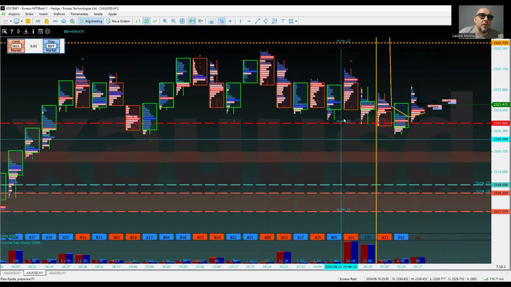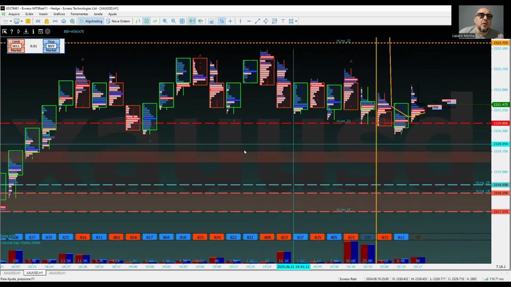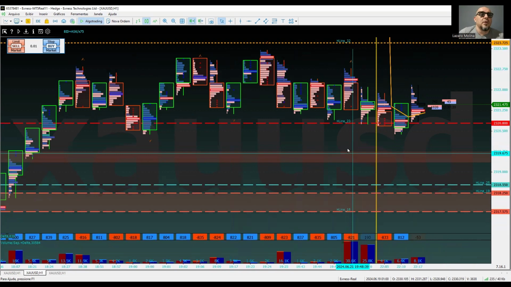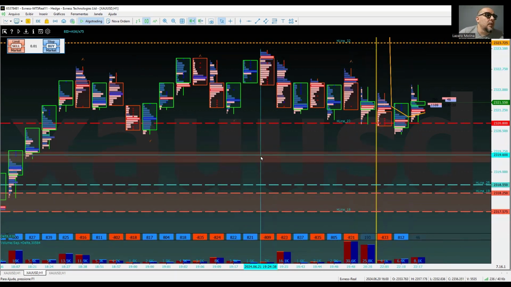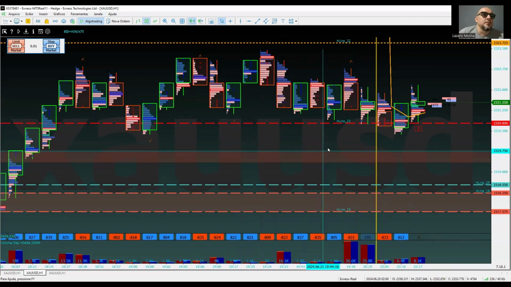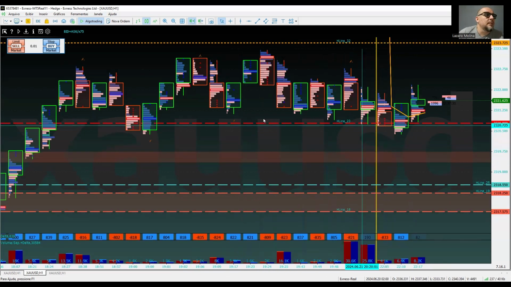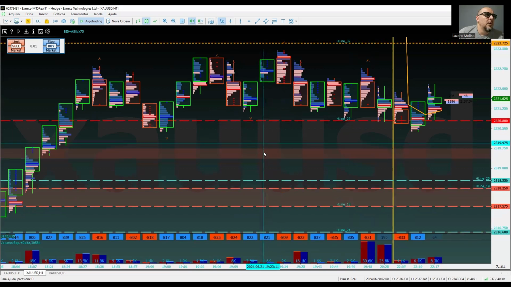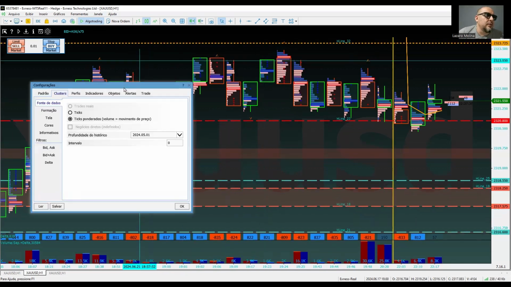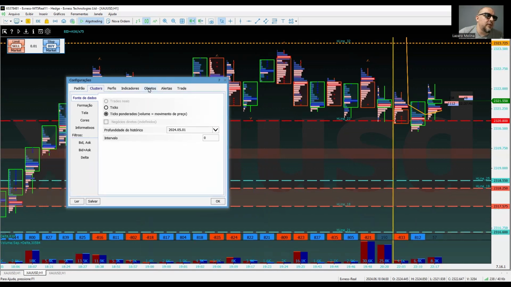Let me see something. This is the graph of gold versus dollar. In this moment the market is open. Okay. Erase all these objects here.